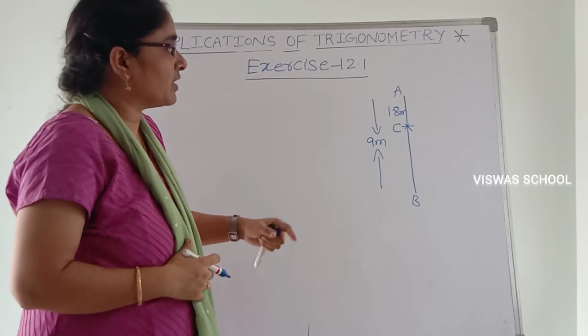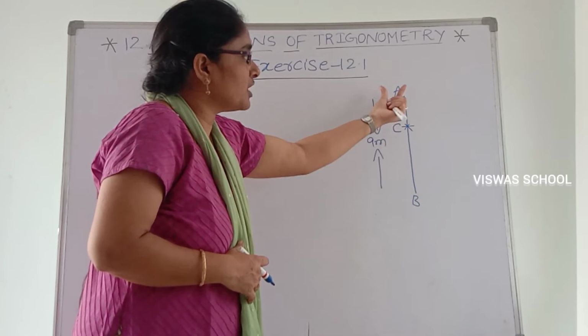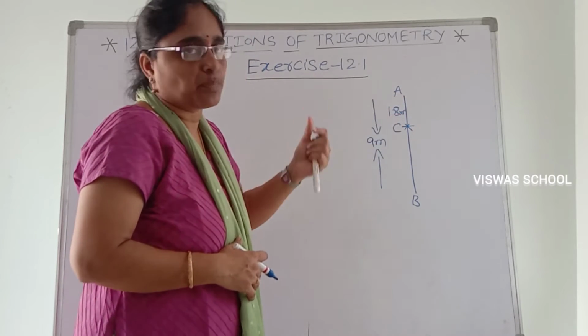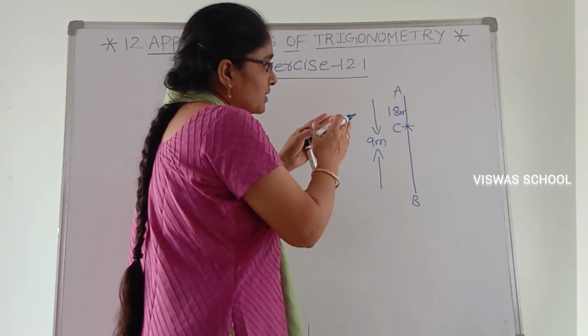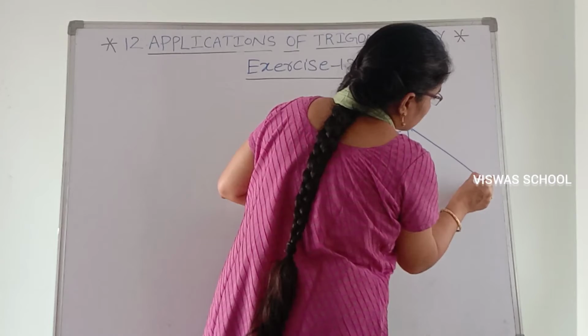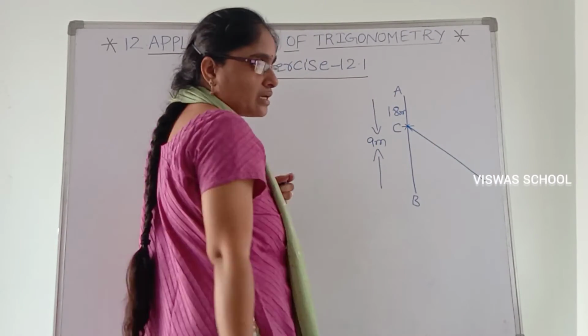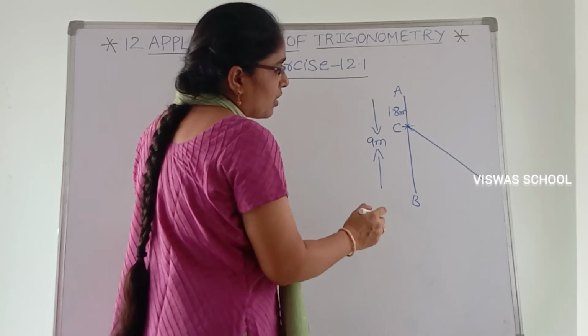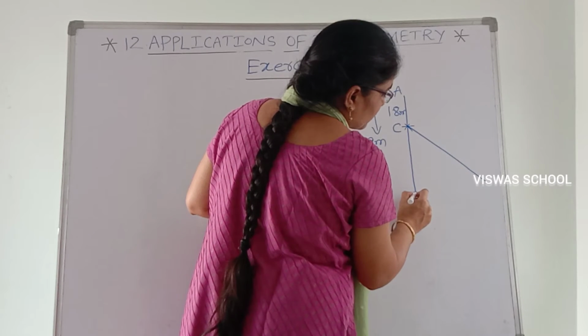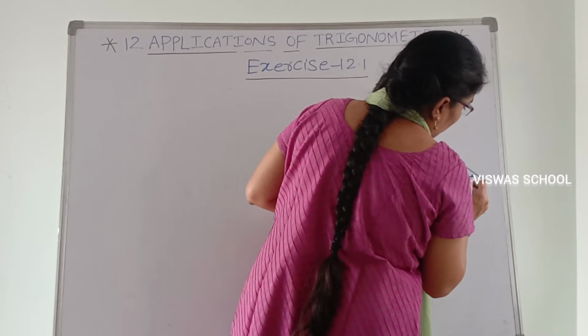To do repair work, the electrician reaches this place from the top of the pole, and this is 1.8 meters. And the person uses a ladder to climb the pole. This is the ladder, and we have to find out this length also. We also have to find out the distance from the foot of the ladder to the foot of the pole.